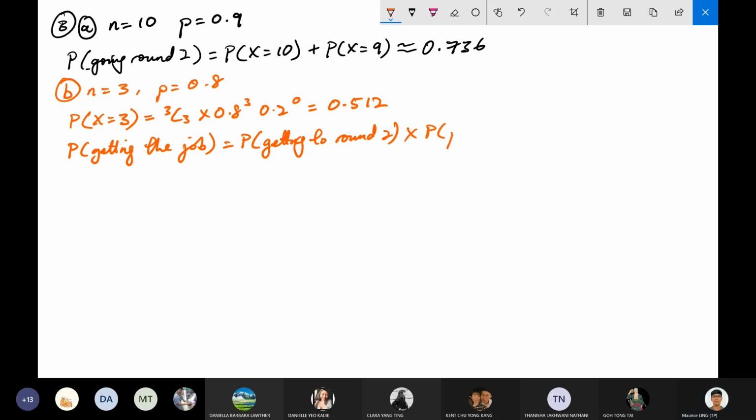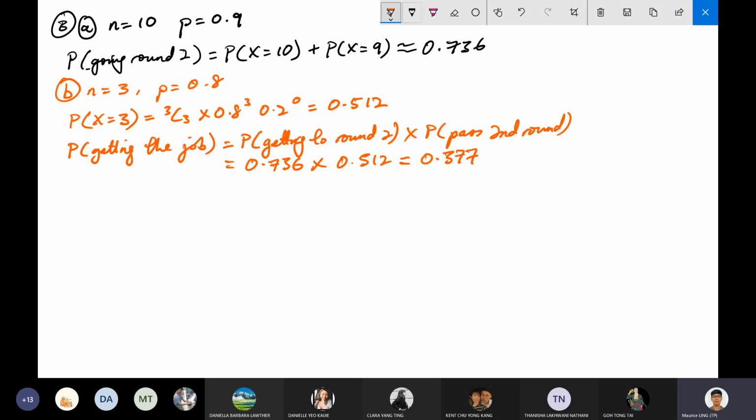So it is 0.736 multiplied by 0.512, which gives you 0.377. Is it like a tree diagram? Correct. You have to pass the first round, then you pass the second round. It's not addition.